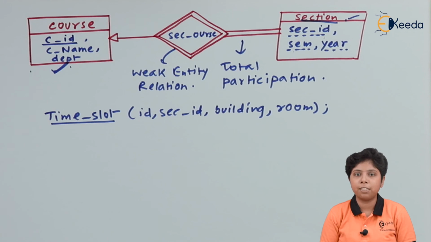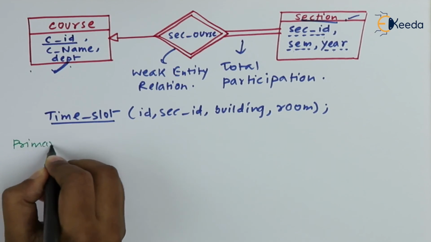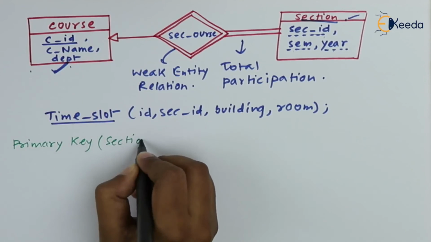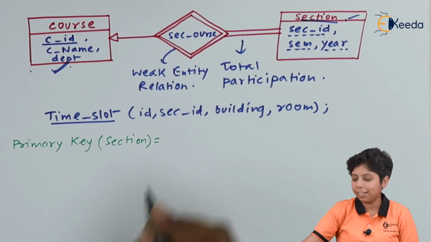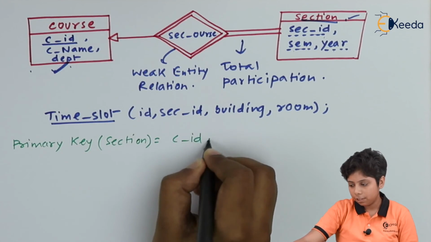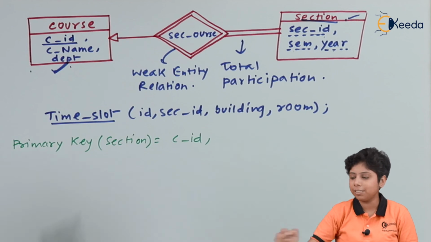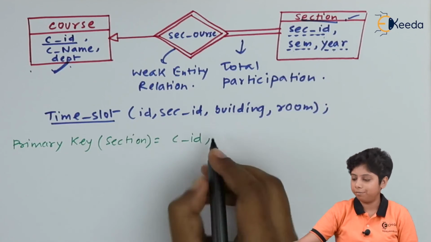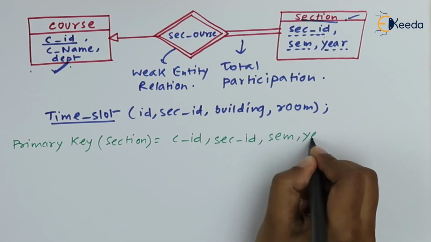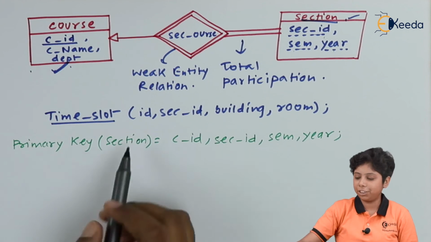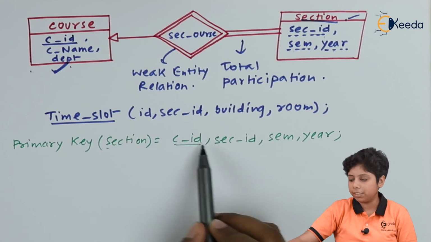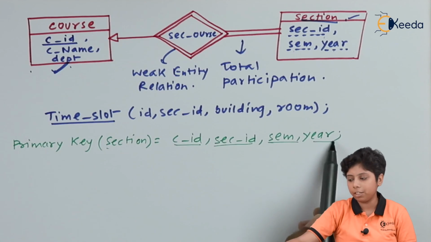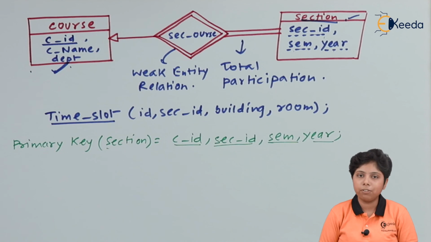So we can say that the primary key of the weak entity set section is formed from the CID as well as the discriminators sec ID, semester and year. Now the section's primary key is formed with the sec ID, CID, semester and year. So it can uniquely identify the sections to have relations with other tables.